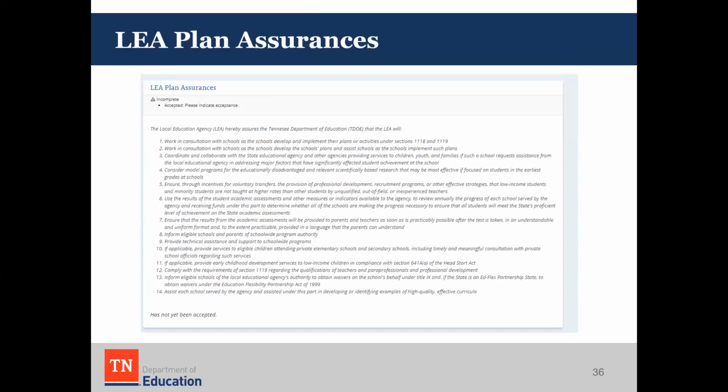All districts that accept federal funding will be required to check the LEA Plan Assurances page. These assurances have not changed from the 2018-19 district plan and should be checked before the submission of the plan to your local core office.